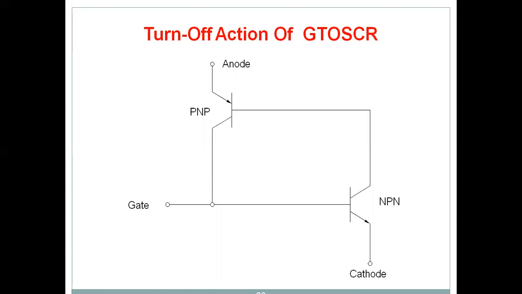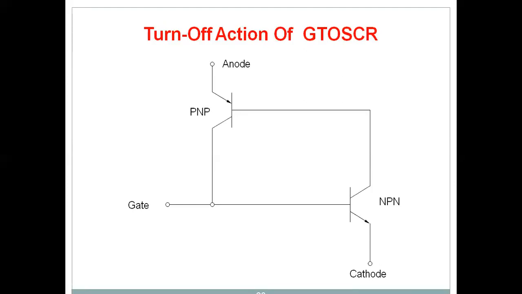But in case of GTO SCR, the current gain of PNP transistor is low, so that turn-off is possible if sufficient current is drawn from the gate.